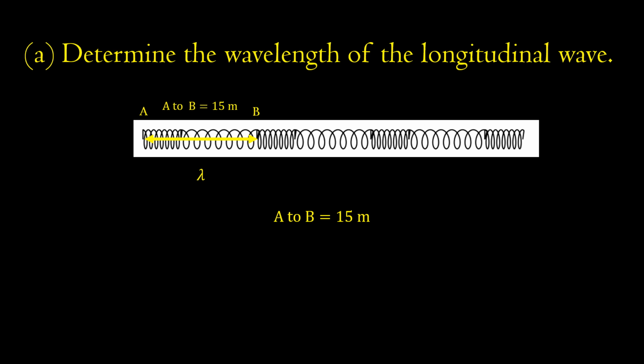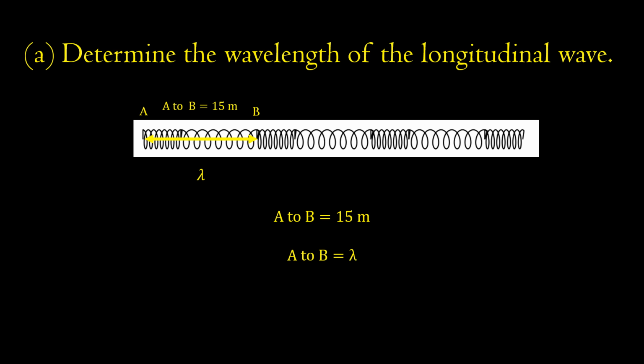So if you look from A to B, you have a complete compression where the particles are close together and a complete rarefaction where the particles are a bit far apart from each other. Therefore, the distance from A to B is also a wavelength. I hope that is clear.